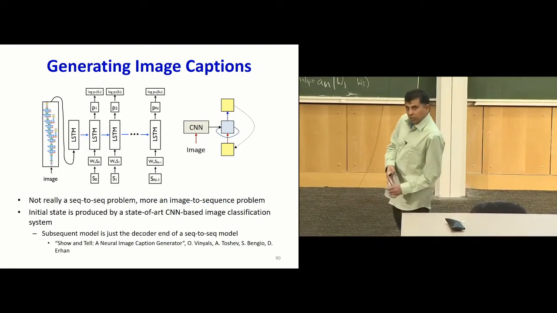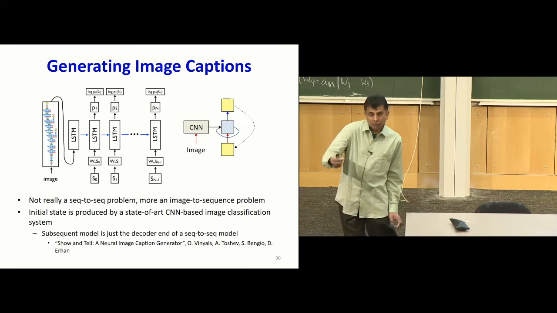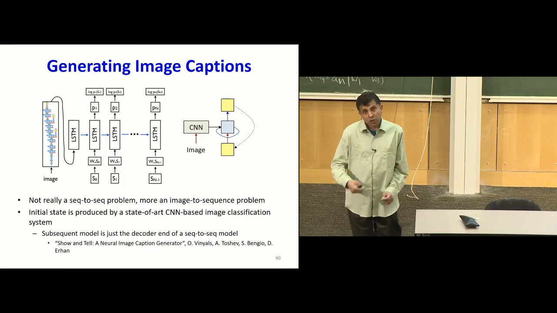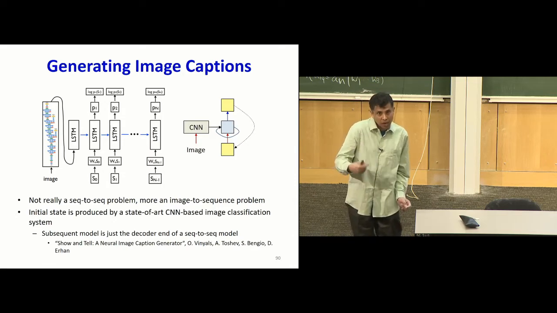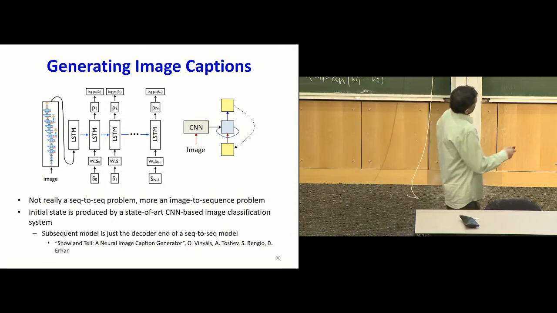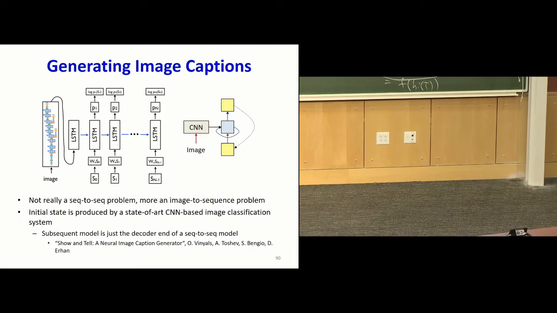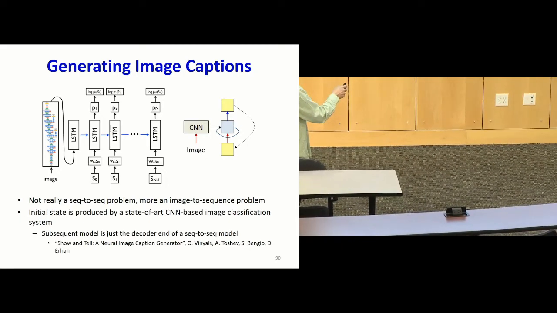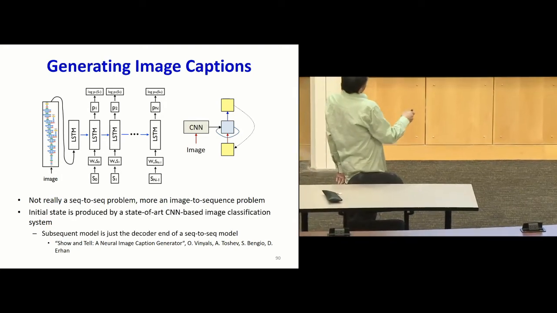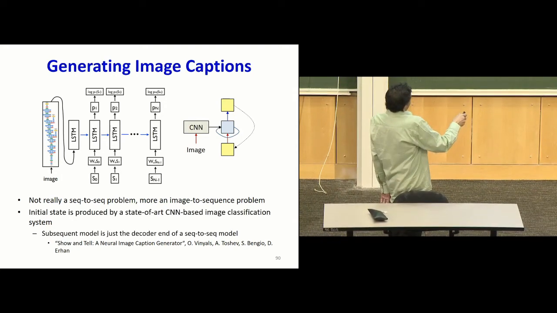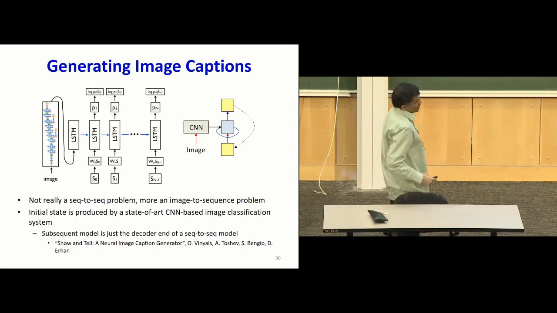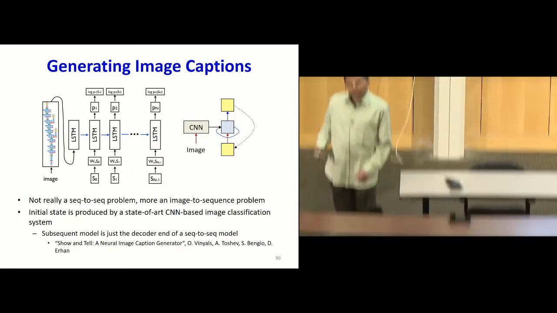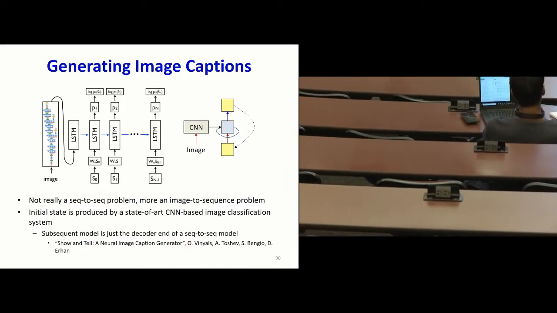First you had an encoder which processed the input and produced a hidden representation. Then you had a decoder which used this hidden representation to produce an output. We are going to use a very similar structure over here, except that instead of an encoder that processes language and produces a hidden representation, we now have an encoder that processes an image and produces a hidden representation. And this encoder could just be a very conventional convolutional neural network.